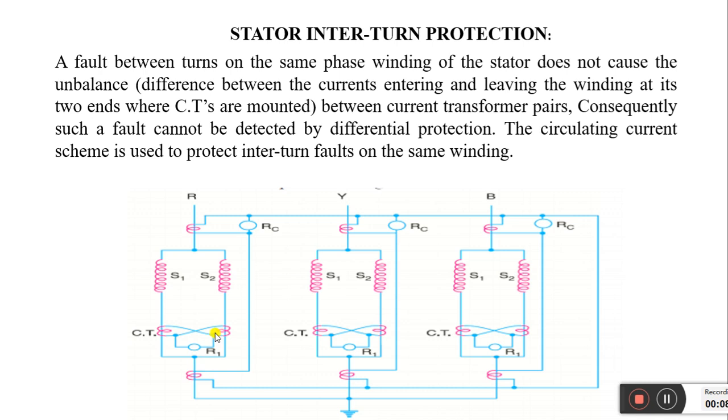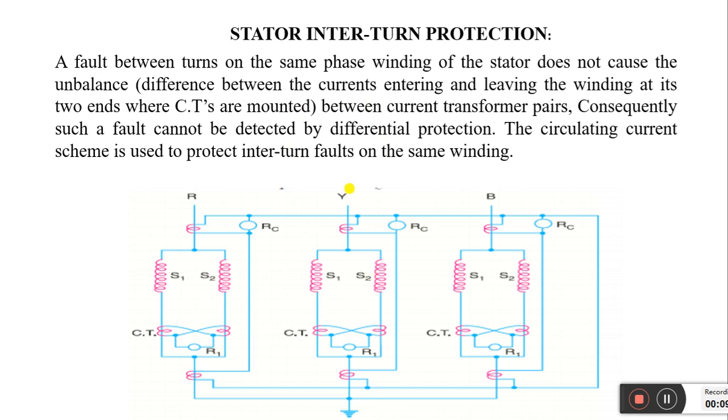So this relay R1 will operate, and this will give the indication that some internal fault has happened in the system. So the protection system will operate and the stator winding will be disconnected, and further remedial action will be taken. So this is how the stator internal protection system is operating.